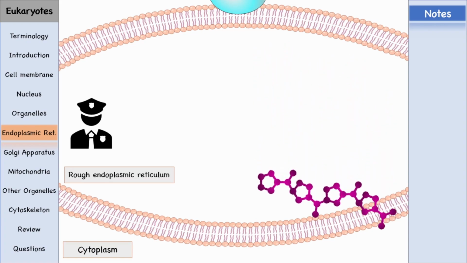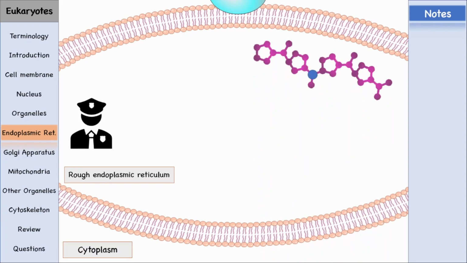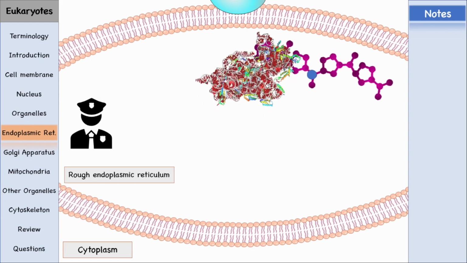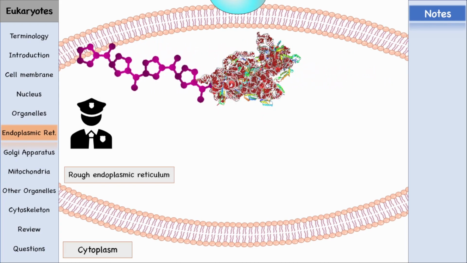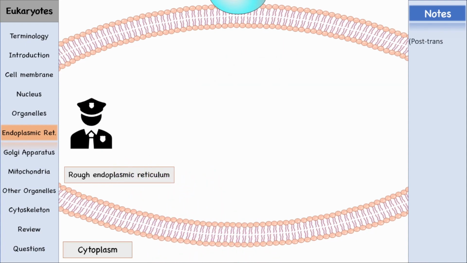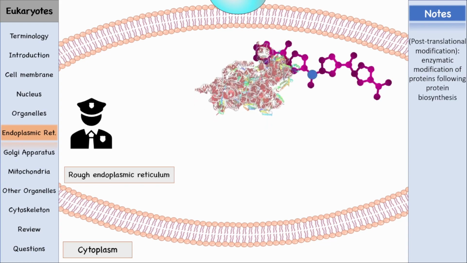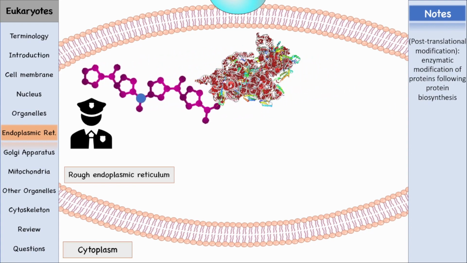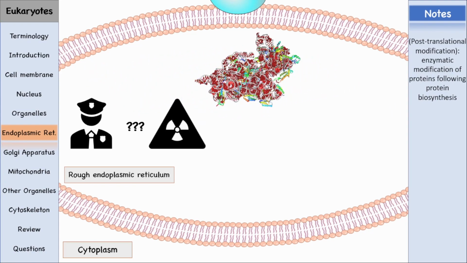If yes, it is good to go. But if not, the endoplasmic reticulum will do some modifications to the protein, and this function is called post-translational modification. If the modification was successful, it is good to go. But if the modification failed, then it orders a command to destroy this protein. This is the function of the rough endoplasmic reticulum.